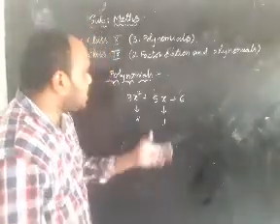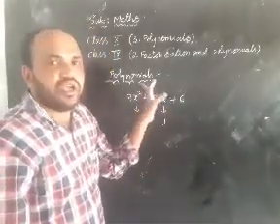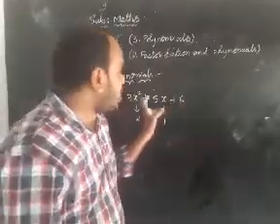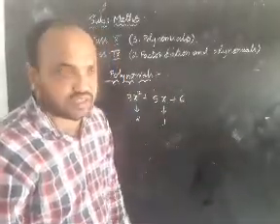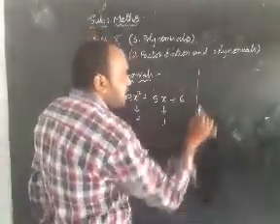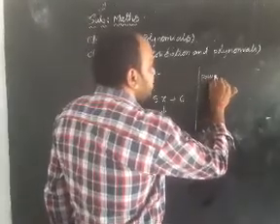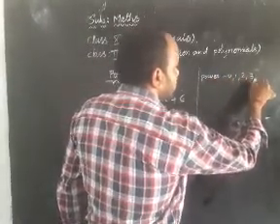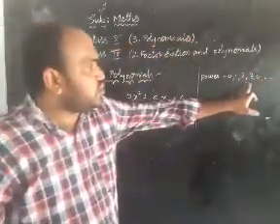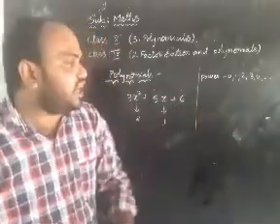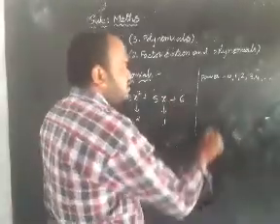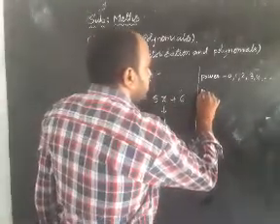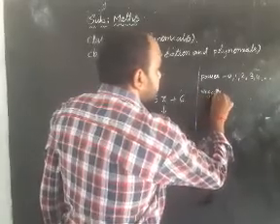So the power must be a non-negative integer. Simply we have to say that the power must be from 0, 1, 2, 3, 4. There must not be any negative powers.